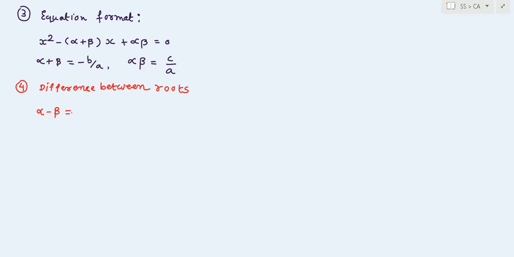or we can also say that if two roots are equal, roots are equal means alpha equal to beta, so we can write alpha minus beta equal to 0. And the formula of alpha minus beta is, there are two formulas. See, first one is under root of b square minus 4ac divided by a. Listen, a, not 2a. Earlier 2a came, so by mistake 2a should not be put.